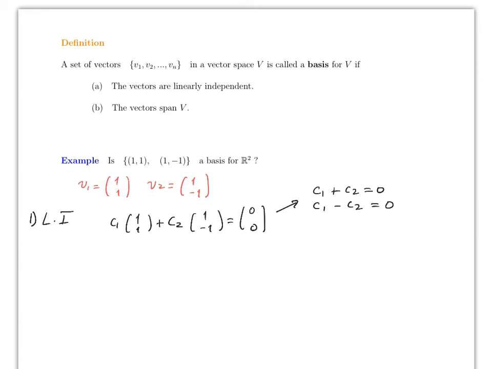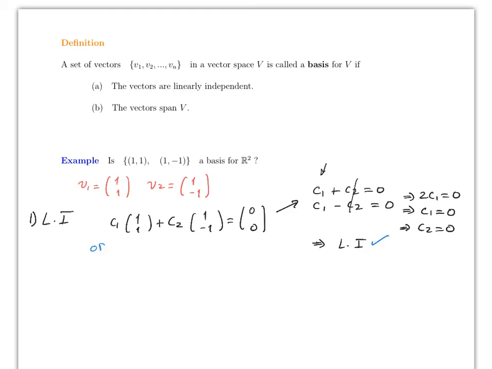Clearly these two cancel, so you have 2c1 = 0, which implies c1 is 0. If you plug it back into this one, you can see again that c2 will be 0. Therefore, these two vectors are linearly independent. So this is okay.